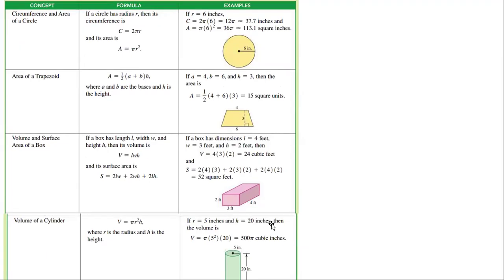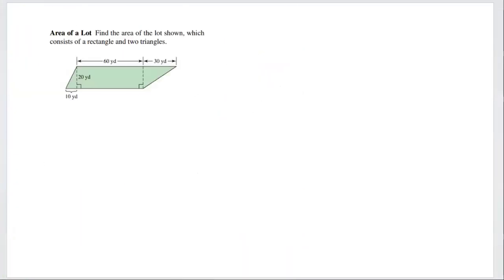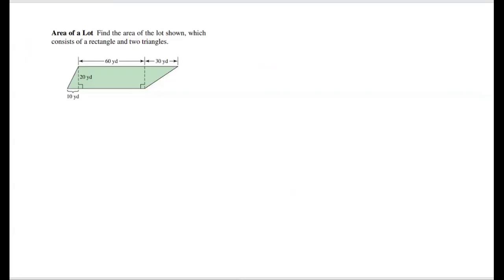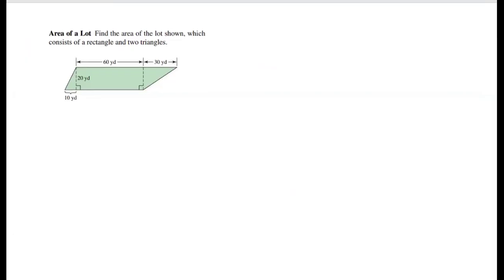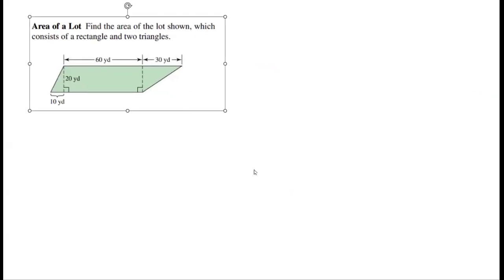All right, so I want to look at this problem here. It wants us to find a composite area, which is basically putting different parts of geometric shapes together.